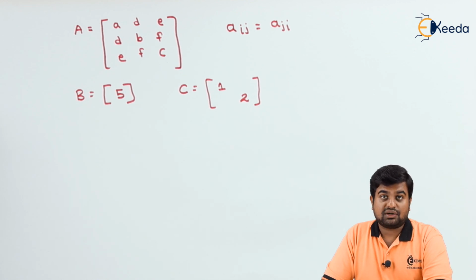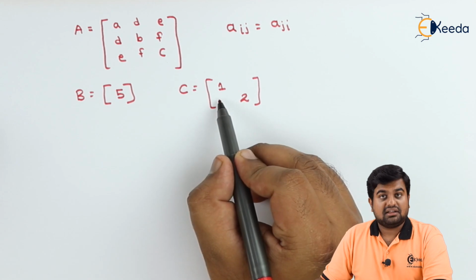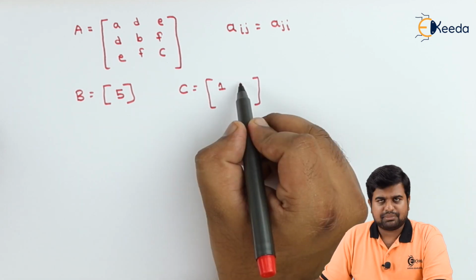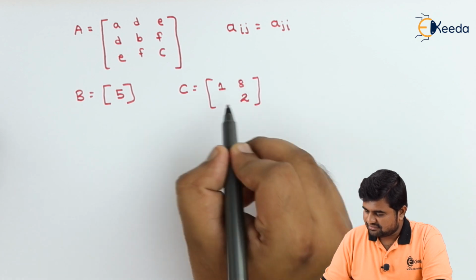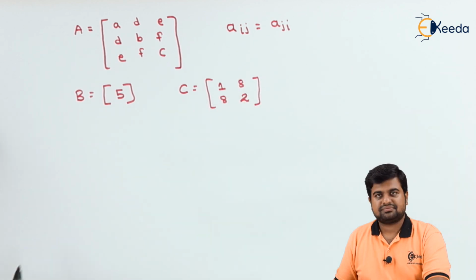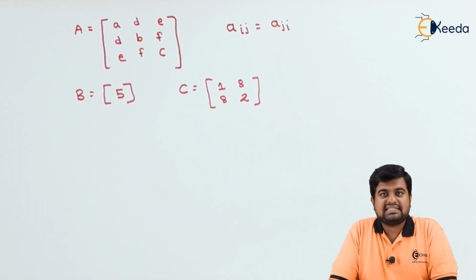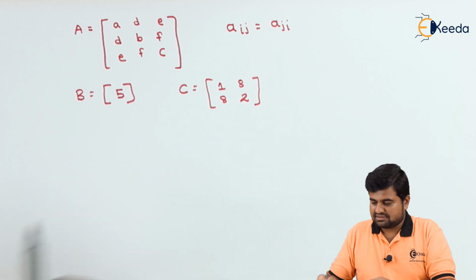So the other elements of the matrix that we place should be the same. For example, we can take this as 8 and 8. So in these matrices, if you see row wise and column wise, you will get the same elements.